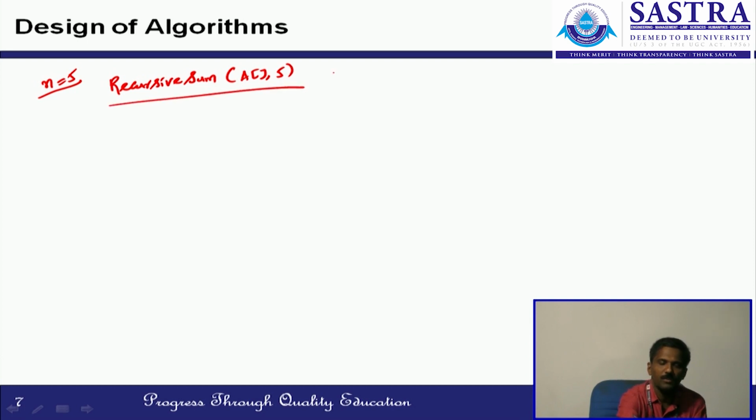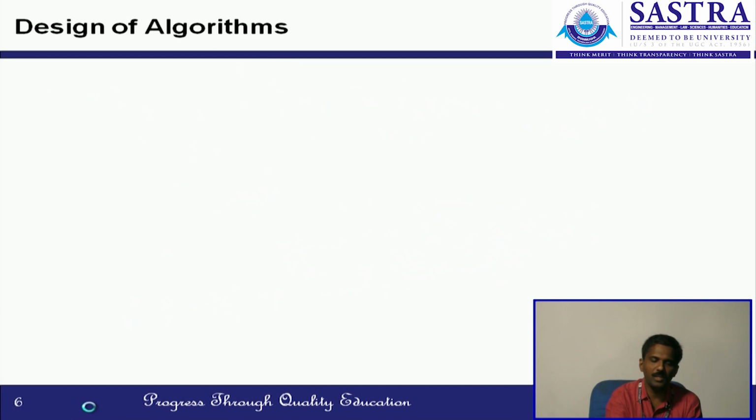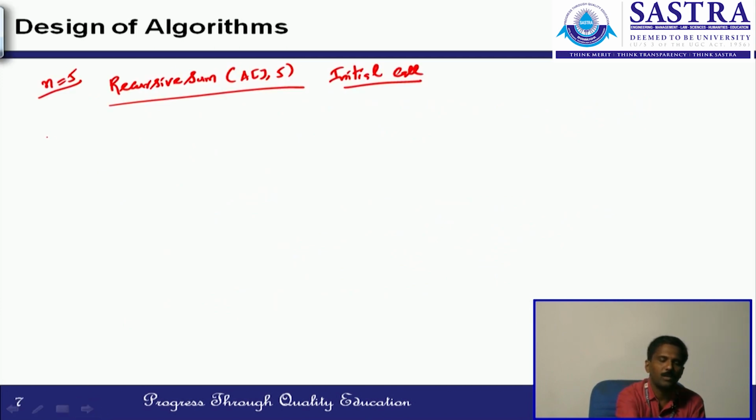This is the initial call. N represents the number of elements in the array. N is equal to 5. What is the condition to be tested? Checking if n is equal to 0. Now n is not equal to 0, since n is equal to 5.